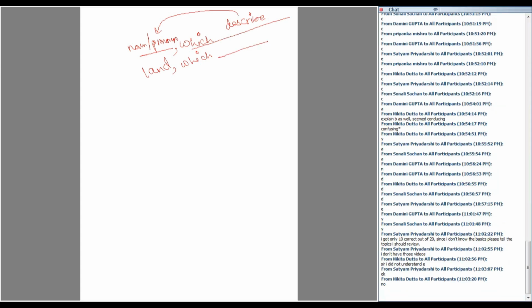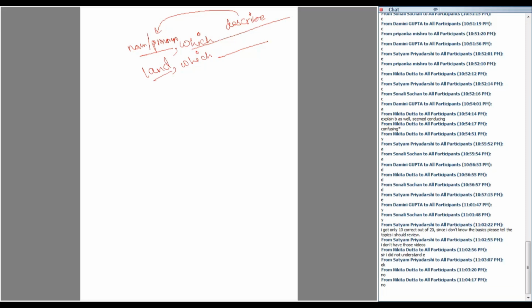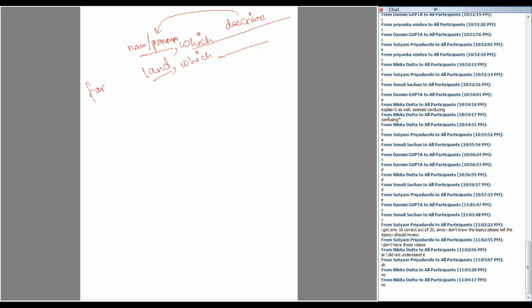That it is kept as collateral. So is it just the land which is kept as collateral? No, there was farm equipment as well. Farm equipment and land, both are kept as collateral. It's not just land that is kept as collateral. But right now, if I use the present form, it seems that it is land that is kept as collateral.